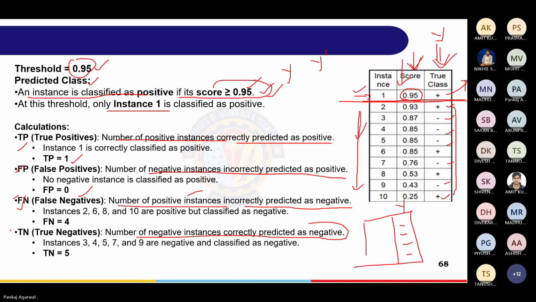The number of negative instances is 1, 2, 3, 4, 5, obviously, and they are negative because they are not in the range of 0.95. You got this? I've explained it in a very simple way. It's not rocket science at all.